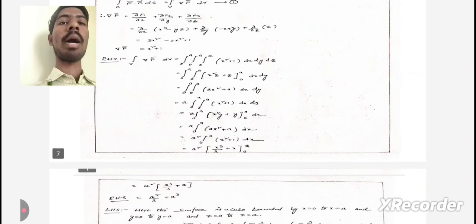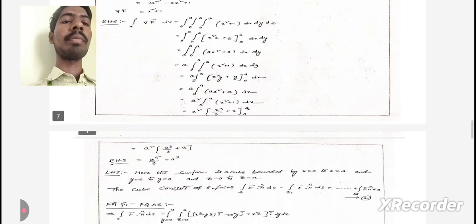Now the RHS: the integral over V of div F bar dV equals the integral from 0 to a, integral 0 to a, integral 0 to a of (x square plus 1) dx dy dz, which equals the integral 0 to a, 0 to a of (x square z plus z) over the limits 0 to a, dx dy. Substituting the limits, we get a(x square plus 1) dx dy.